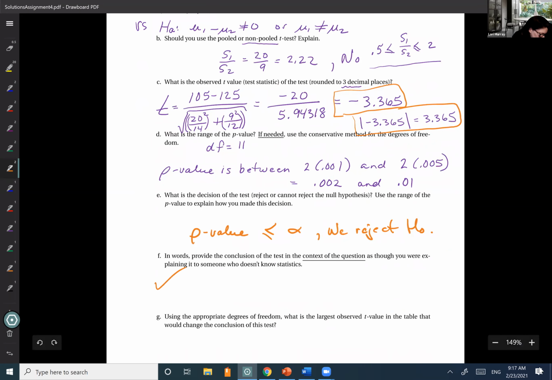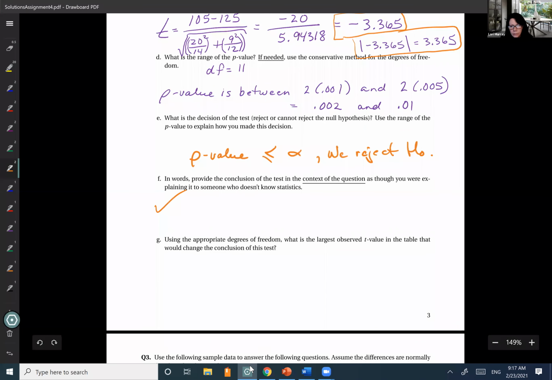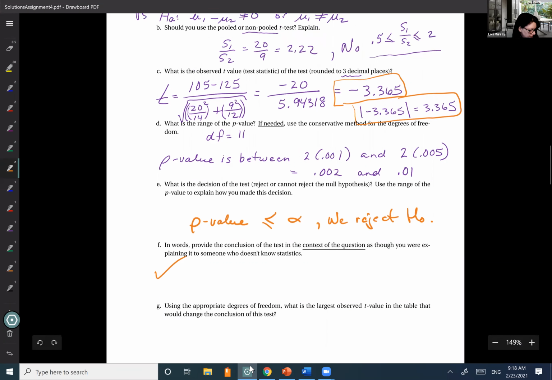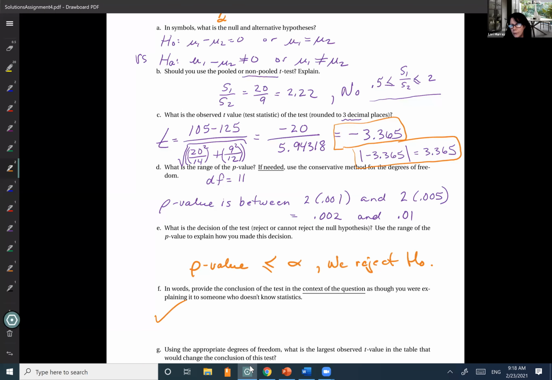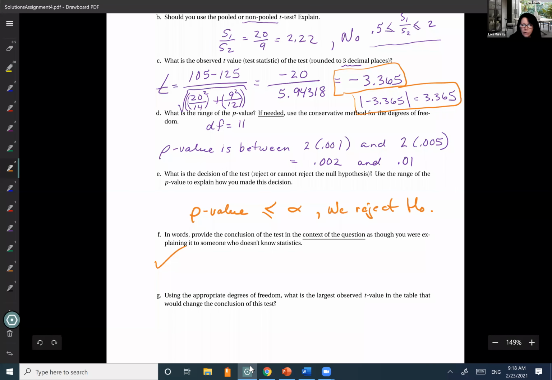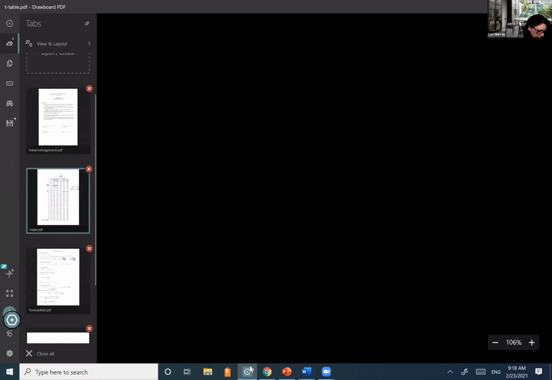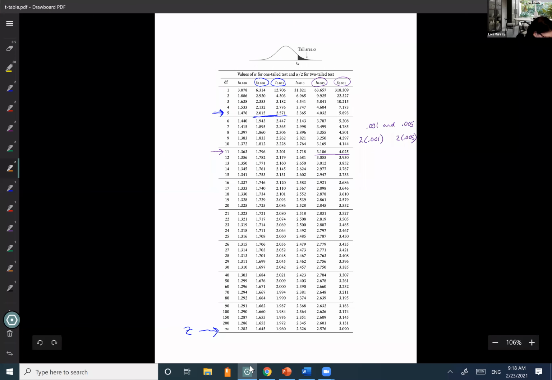Oh, I've lost my page. So using the appropriate degrees of freedom, what is the largest observed t-value in the table that would change the conclusion of the test? So instead of getting 3.365, let's suppose we got an observed value of this one. Well, we would still reject, because you can multiply that by 2.